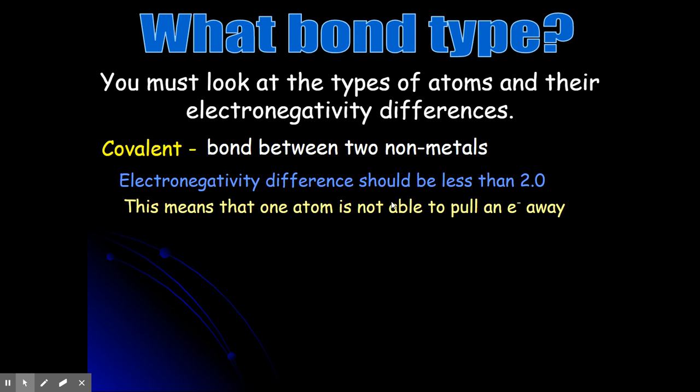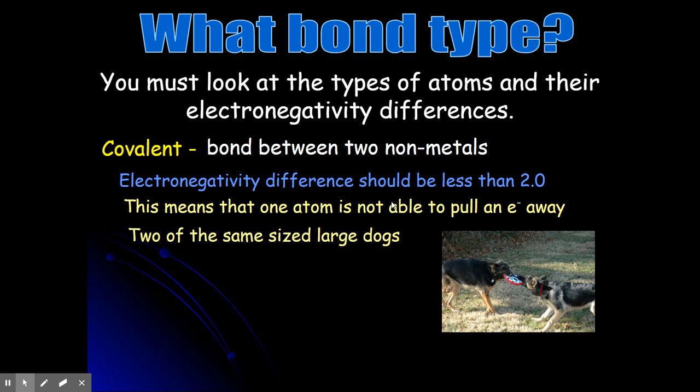So what they ultimately end up doing is sharing an electron, or 2 electrons, or 3 electrons. So go back to the dog analogy. Here we have 2 large dogs, because they have to be non-metals. Remember, the large dogs were the non-metals and the little dogs were the metals. Two large dogs, and they both want this Frisbee or this toy.